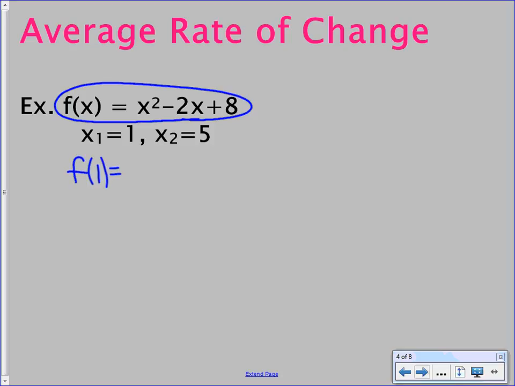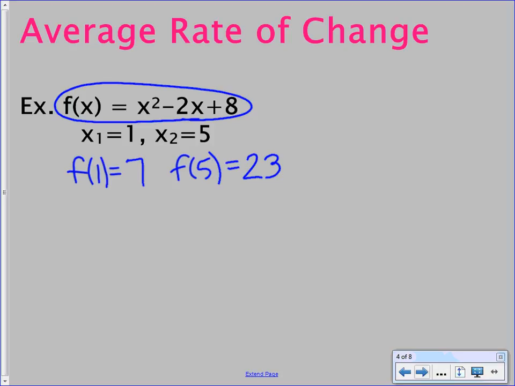I heard 2 different values. 4. 1 minus 2 plus 8, right? So, okay. f of 5? 23. Okay. So, we're on a parabola here.